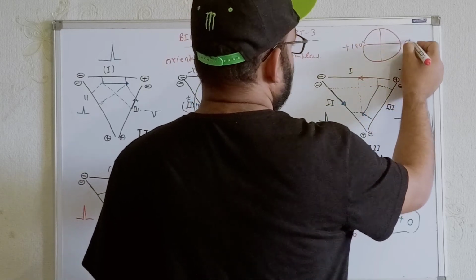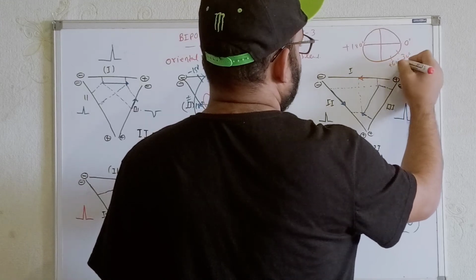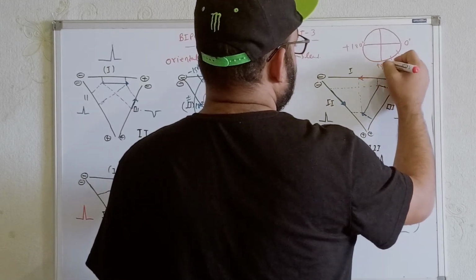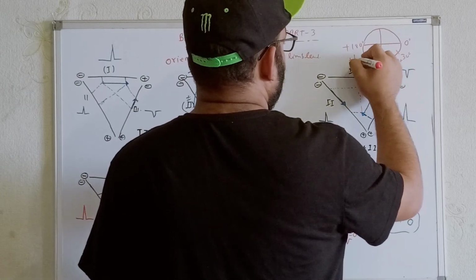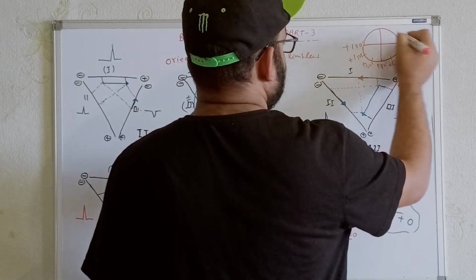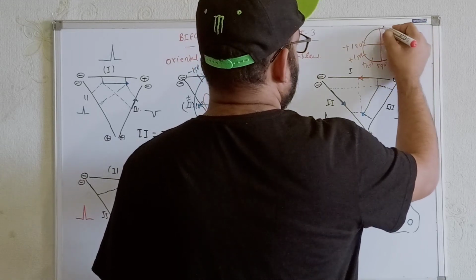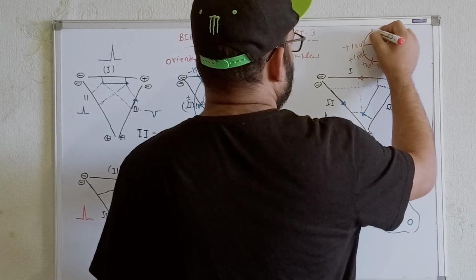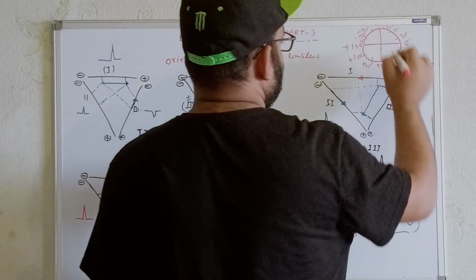Now in these cases, it will be how much? 30 degree, 60 degree, definitely it will be positive. It will be plus 90 degree, plus 120 degree, plus 150 degree. We'll get plus 180. The same way we'll get minus 30 degree, minus 60 degree, minus 90 degree, minus 120 degree, minus 150 degree, minus 180 degree.